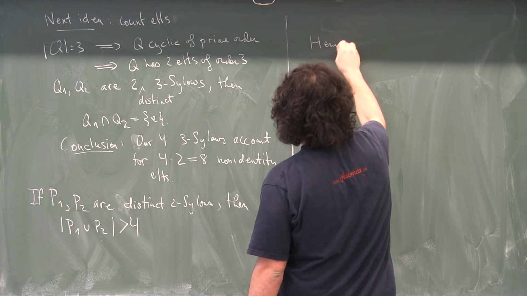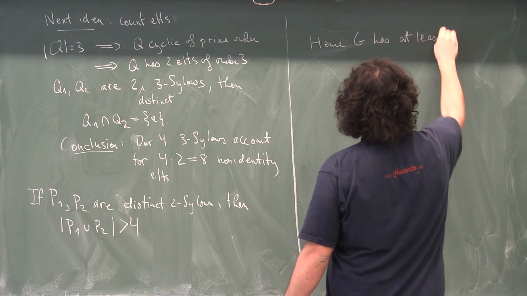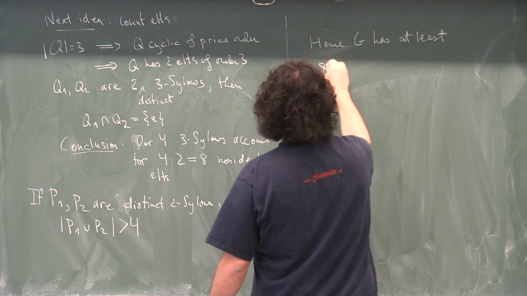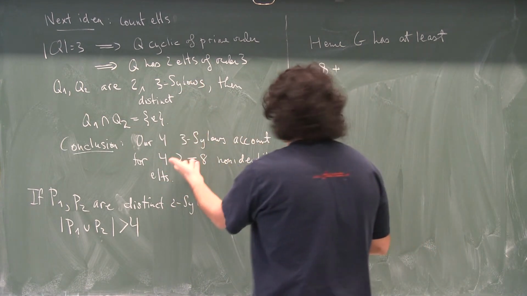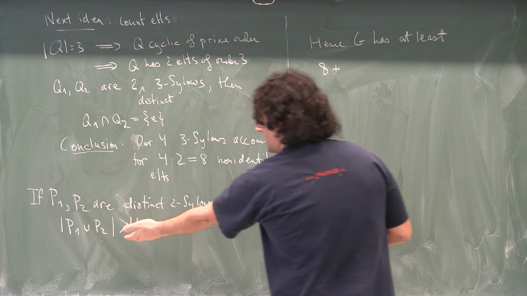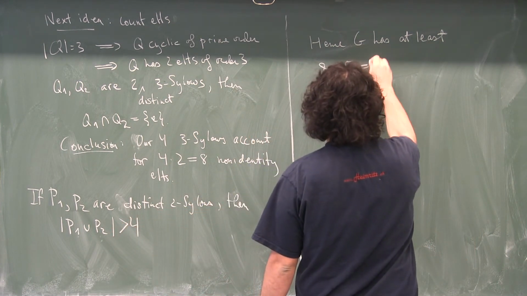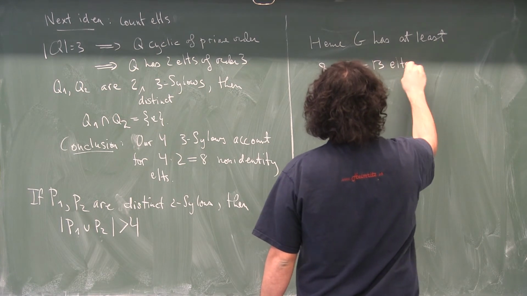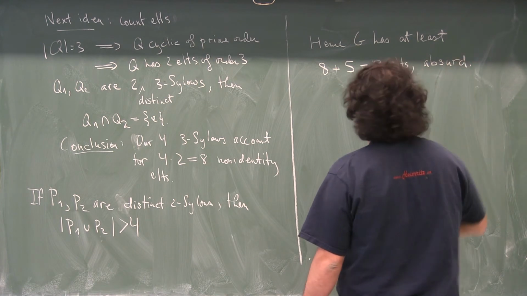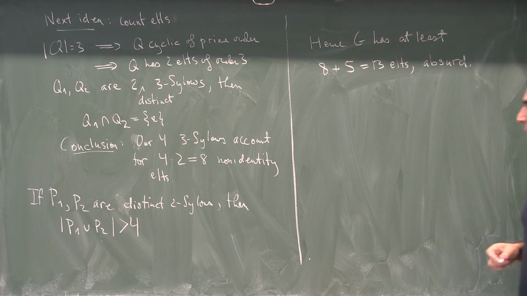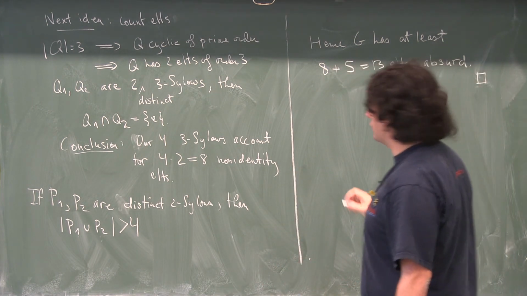Hence, G has at least 8 non-identity elements from the 3-Sylows, plus at least 5 elements from here. And that's really absurd because G had order 12. So that concludes our proof.